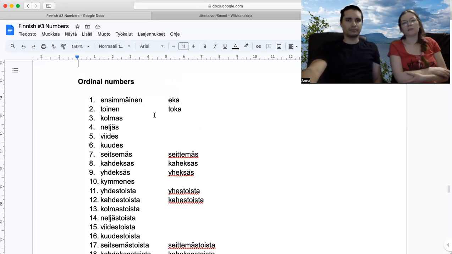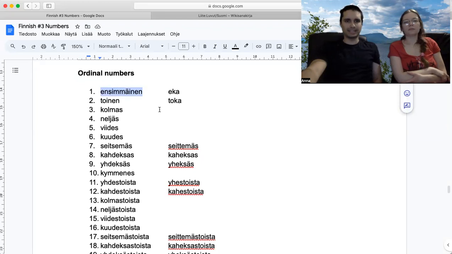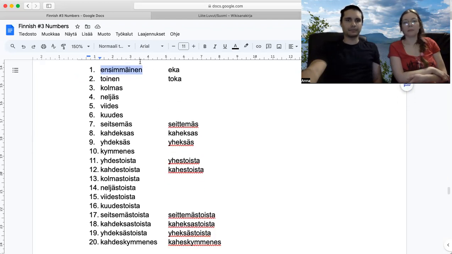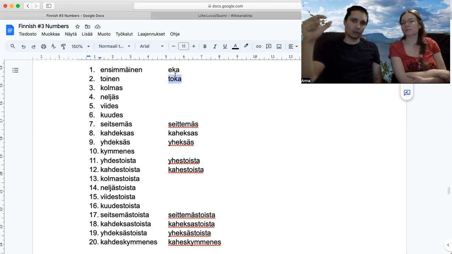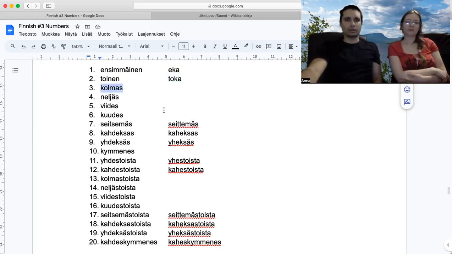So first, ensimmäinen or eka. Second, toinen or toka. I always have the colloquial one in the second column. Third, kolmas. Fourth, neljäs.